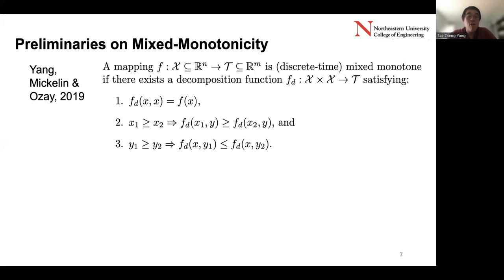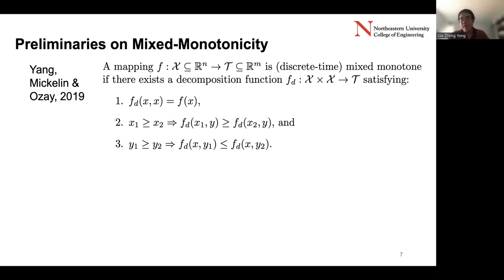If you are given a nonlinear function f, we say that it is discrete time mixed monotone. This is for discrete time systems for now. There is an extension for continuous time systems that is not very similar, so I'm not going to talk about it. Basically, a nonlinear function is discrete time mixed monotone if there exists a decomposition function, where we lift the dimension of the system from the domain being just R^n to 2 times the dimension of the system.